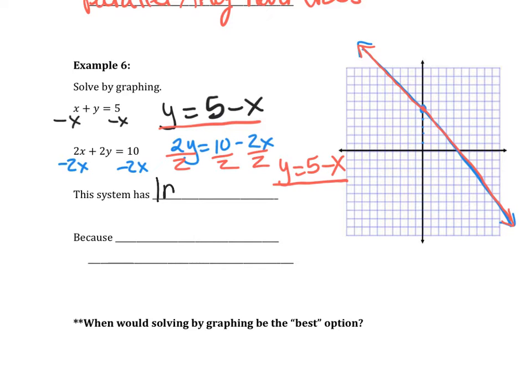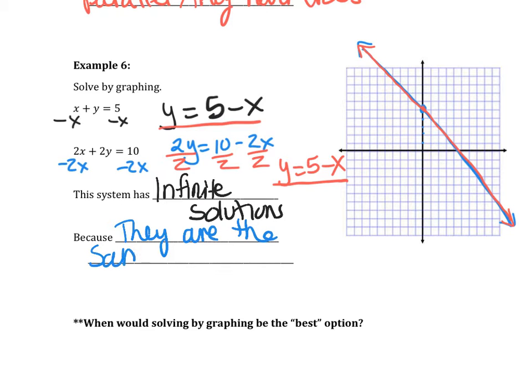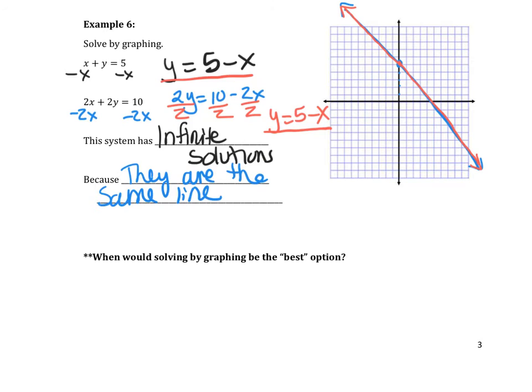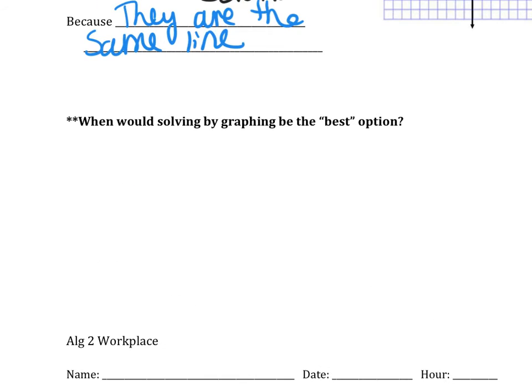So infinite solutions, because they are the same line. So you would see on your calculator, if you were to graph them, that it would just look like one line instead of two.